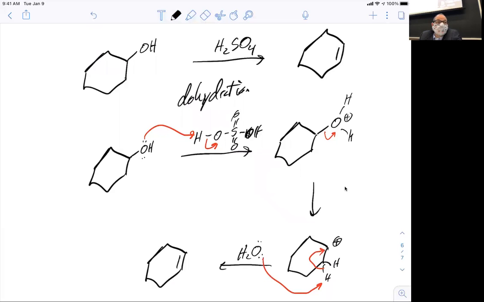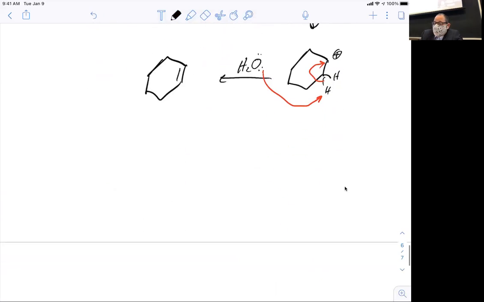Can you think of any other ways to do alcohol to alkene conversions? So this is an E1 type process. We could also, like we did with our alkyl halide, turn this into a tosylate, right, with the tosyl chloride.